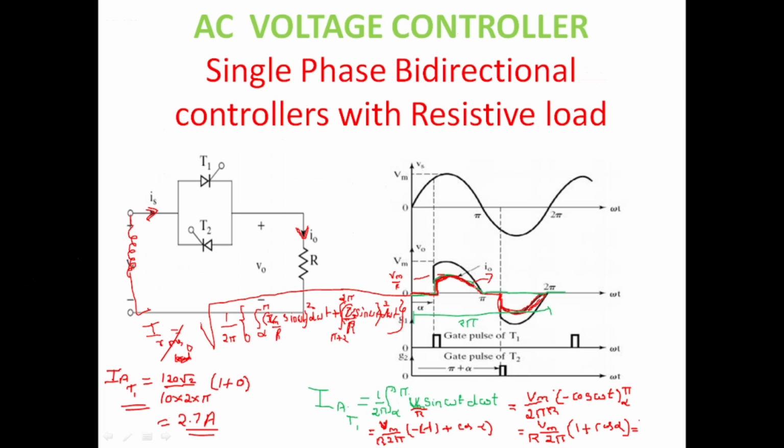For this waveform, I should now take the RMS value, because through thyristor T1 only this current flows, correct? Through thyristor T2, this current flows. I can show you in your simulation.